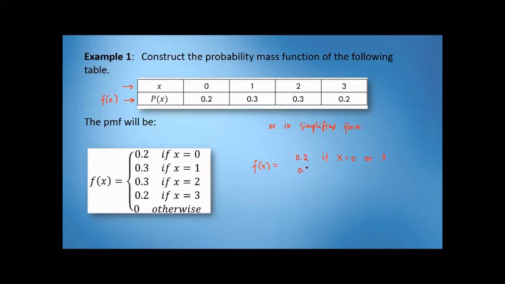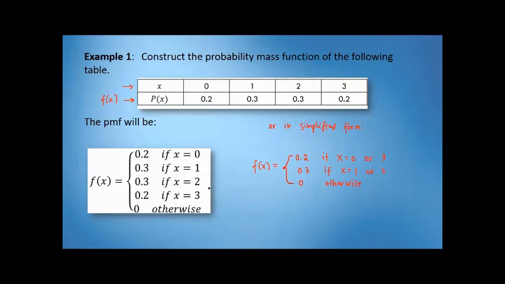Then 0.3 if x is equals to 1 or 2. Dahil parehas yung probability ng 1 and 2. Then last, 0 otherwise. So mas pinaliit lang natin ng konti, pinasimplify natin yung malaking piecewise form.